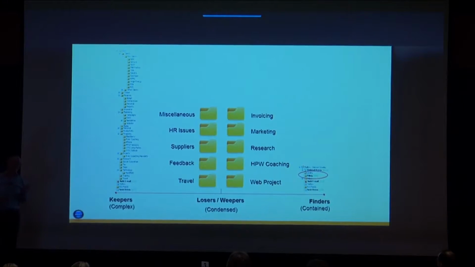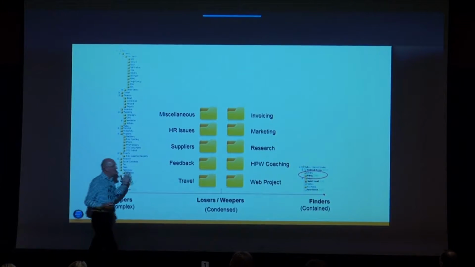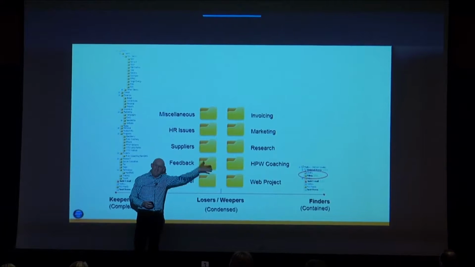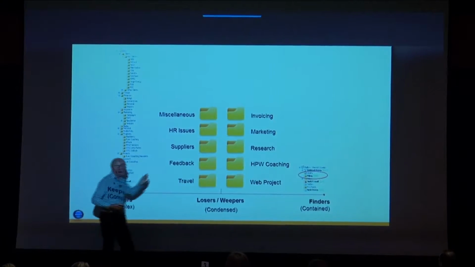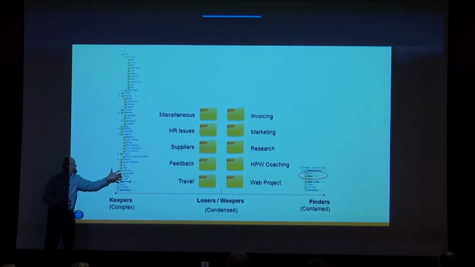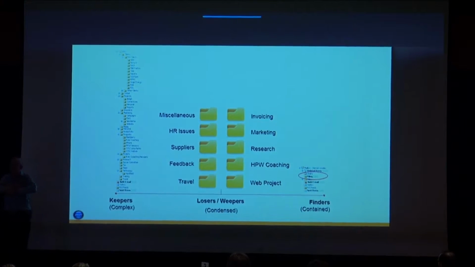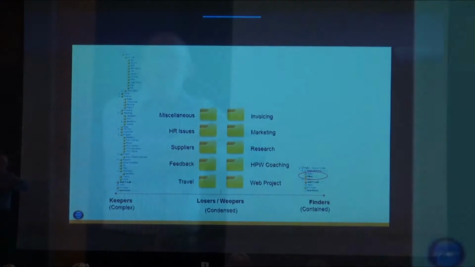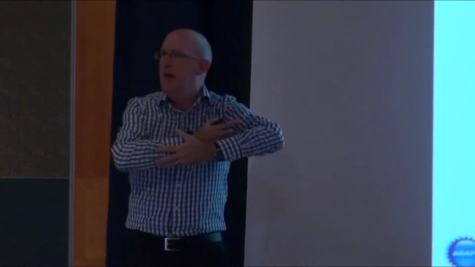So if you're a loser and you do really need to have folders, what I'm going to suggest is 10 folders or less. Okay? Because I find that people are so wedded to their filing systems, they don't want to change them. They say, no, I don't want to change because I know where everything is and it all works, and they'll have every excuse why it's better, but it wastes time.